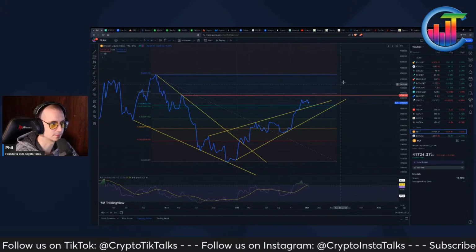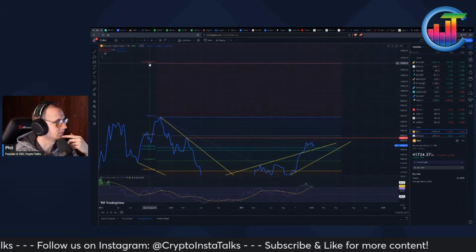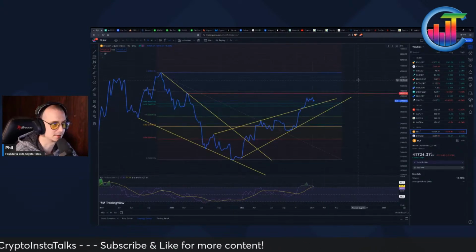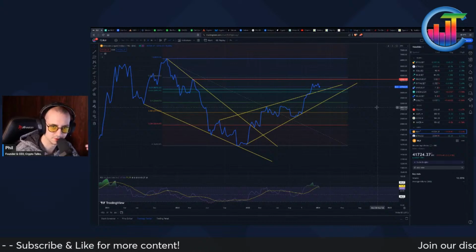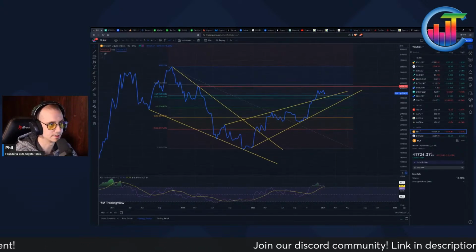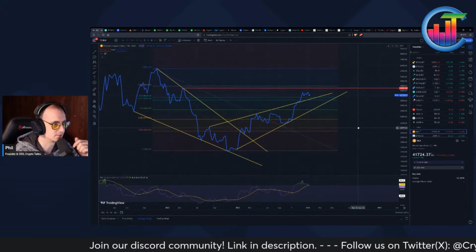If it does crack through that, the next level is the all-time high, and after that we're all the way up at 55k essentially. Now I don't think that we should talk about past the all-time high just yet, but I do think that this is a valid fib level to look at in case of a continued uptrend.